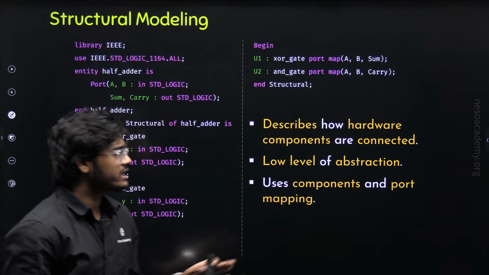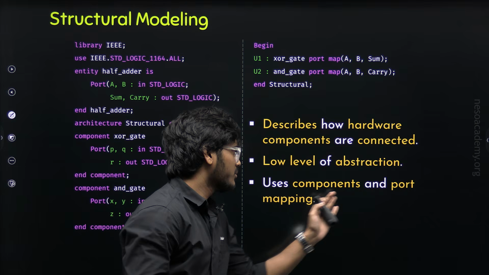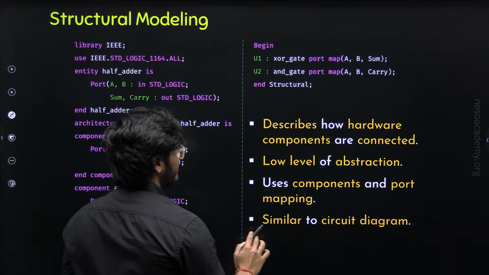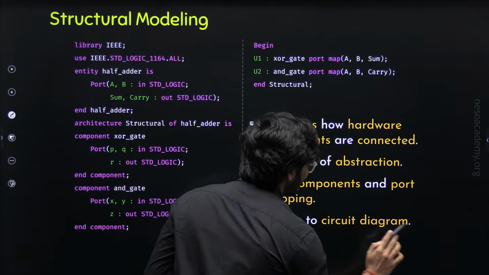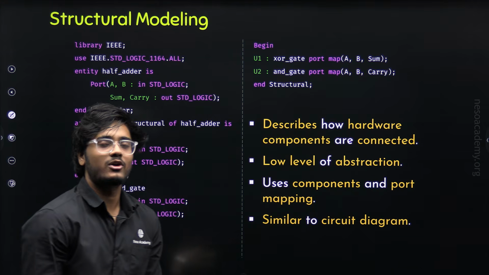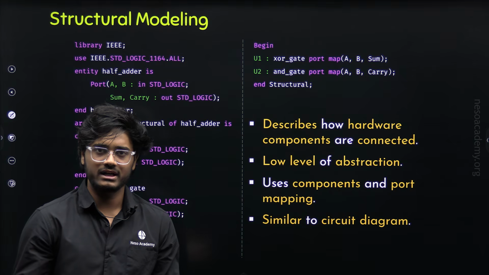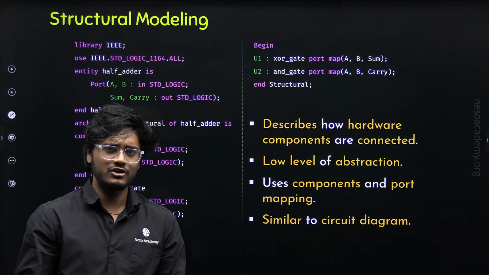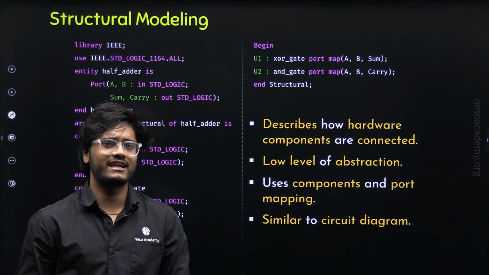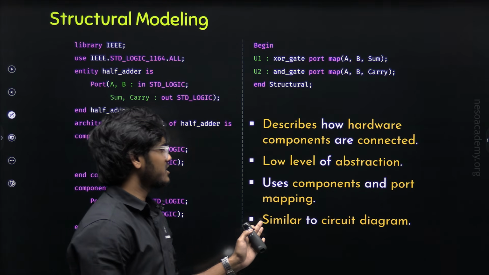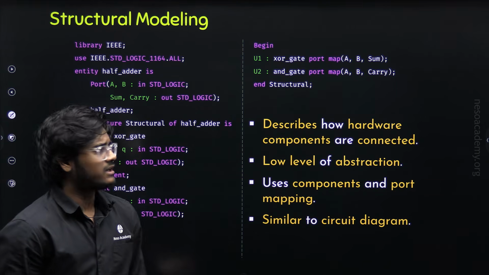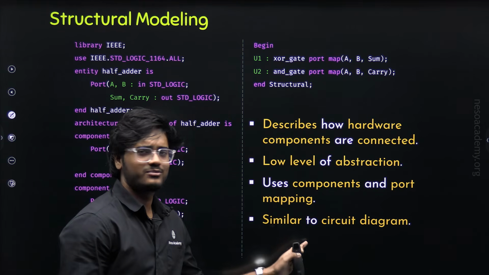Last point, structural modeling is similar to a circuit diagram. In structural modeling, we describe multiple components and then we connect them using interconnections. So, it looks like a circuit diagram. So, I hope you understand these points.